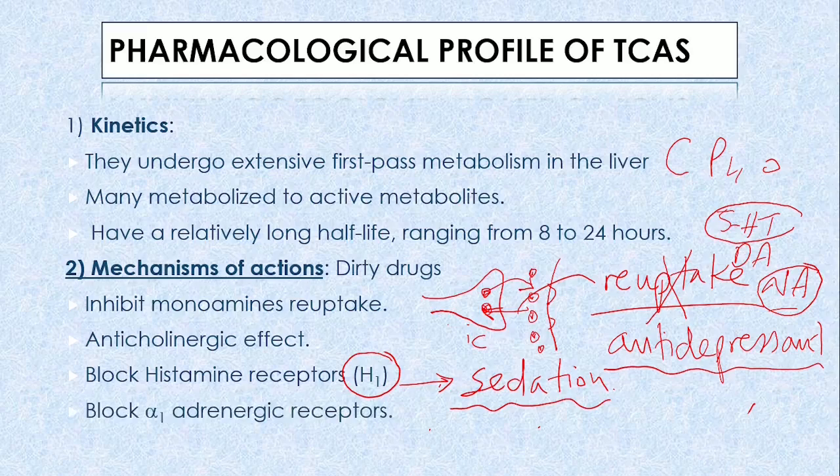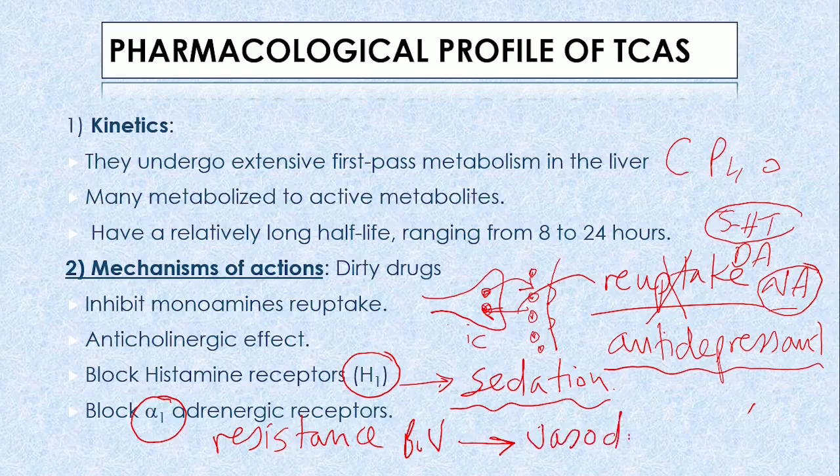More than that, these drugs can block the alpha-1 adrenergic receptor. Alpha-1 adrenergic receptors, as we know, are present in a lot of places, including the resistance blood vessels, like arterioles. This will result in vasodilatation.